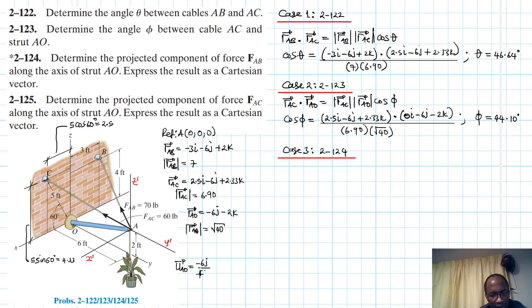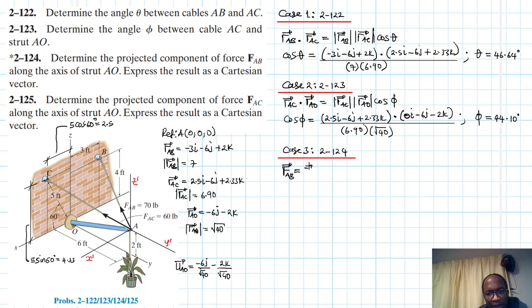divided by root of 40, minus 2k divided by root of 40. Alright, so now let's write down the first vector AB. We are just multiplying the force itself by the unit vector along that direction. So this is just going to be equal to, the magnitude of F is 70, times the unit vector RAB.